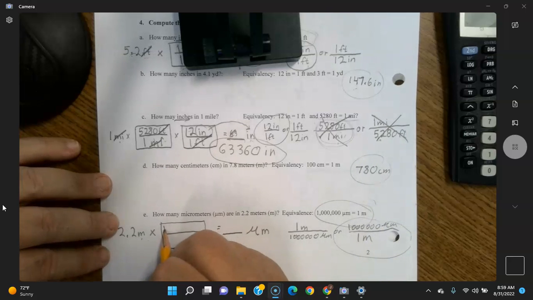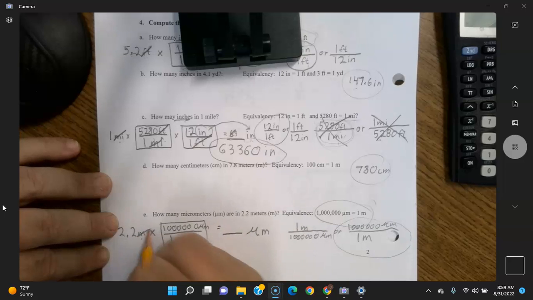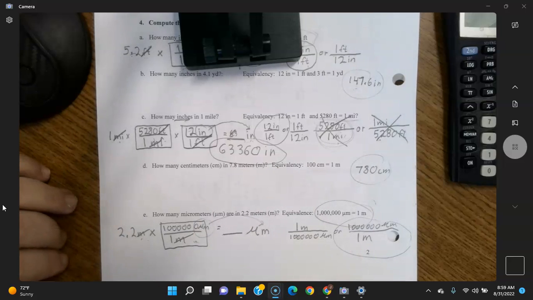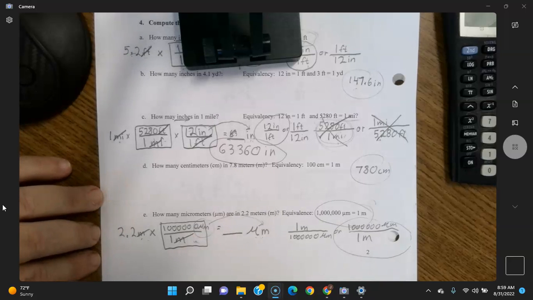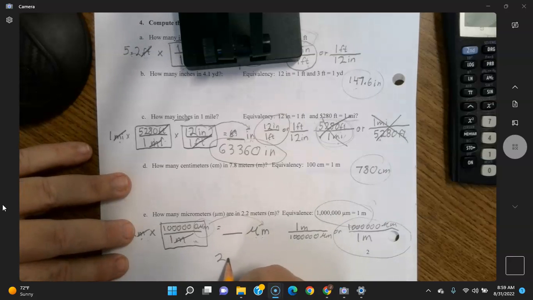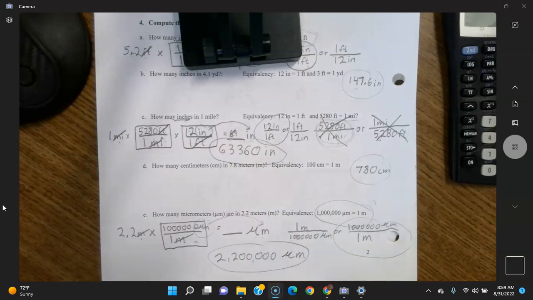So we're going to write that over here. Micrometers over 1 meter. Meters cancels out, and micrometers is the last man standing, what you need in your final answer. So 2.2 times 1,000,000 divided by 1, it's 2,200,000 micrometers. Okay. All right, we're going to move on.